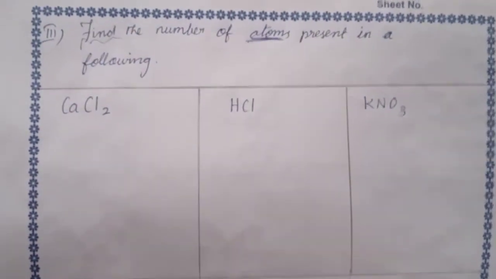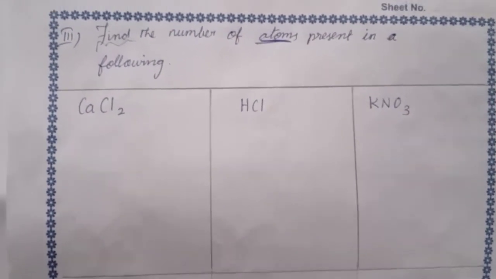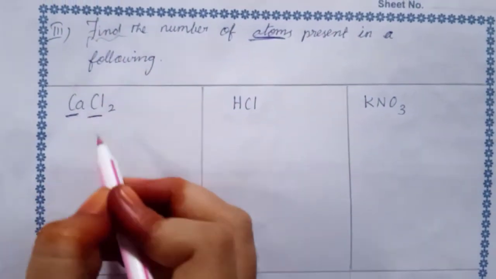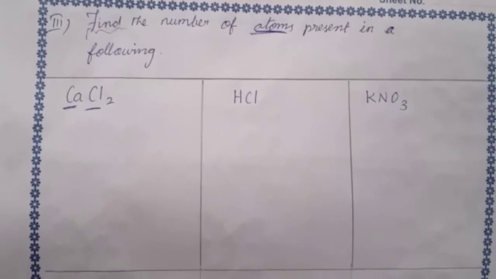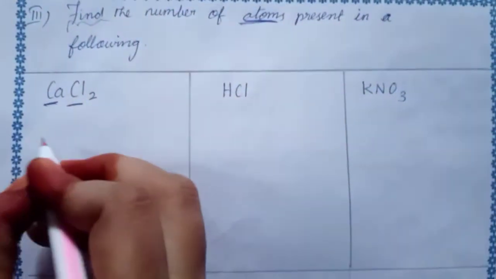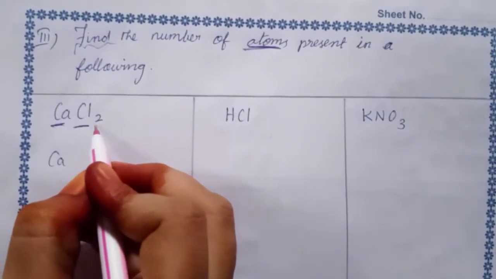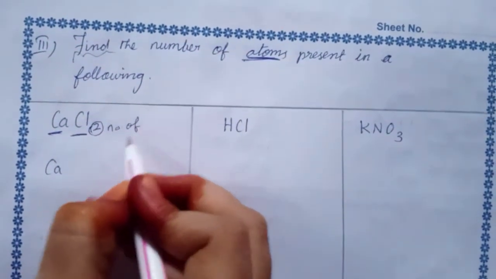How many atoms are there? That is the point. No need to confuse it with ions. Here, you know that calcium and chlorine, only two kinds of atoms are there. One is a calcium atom and another is a chlorine atom. Already told in previous classes, the subscript represents the number of atoms.